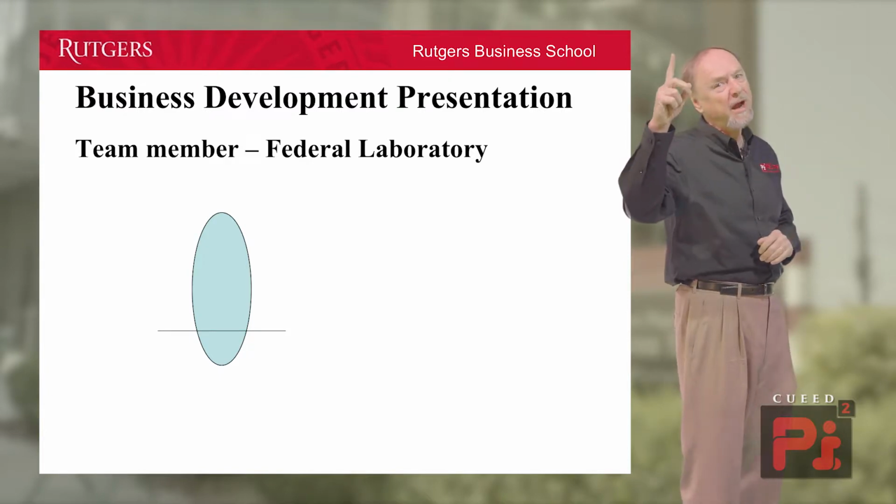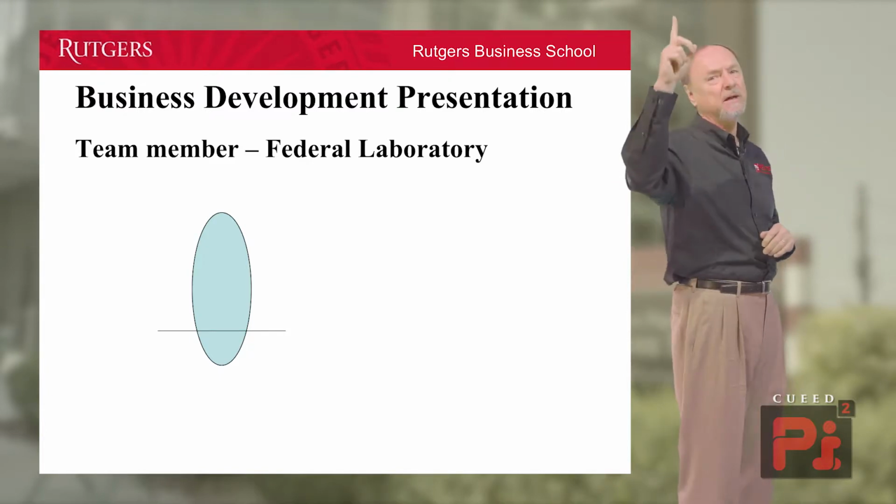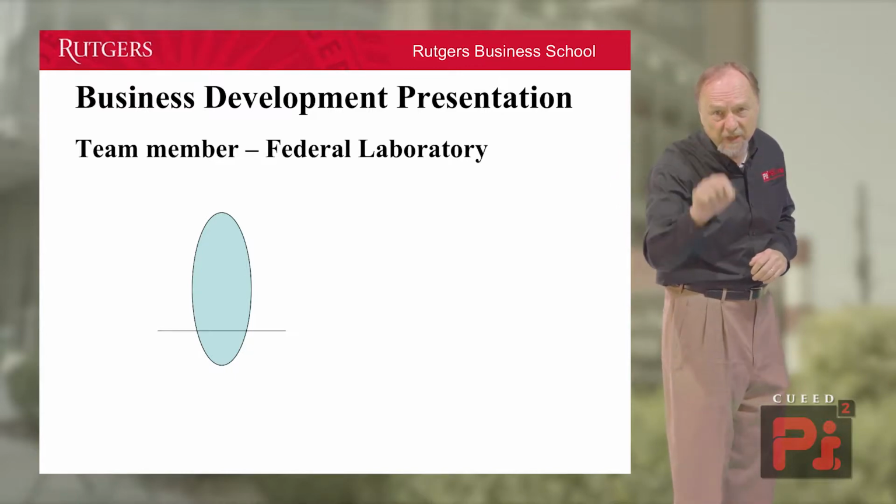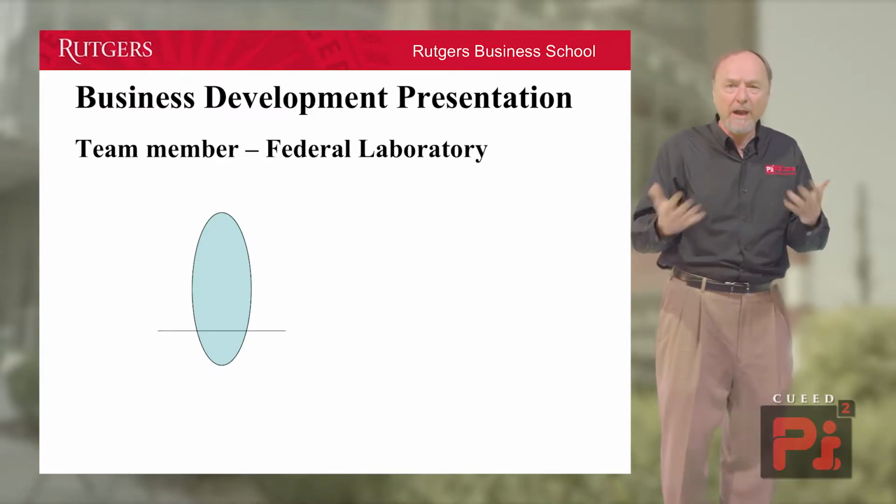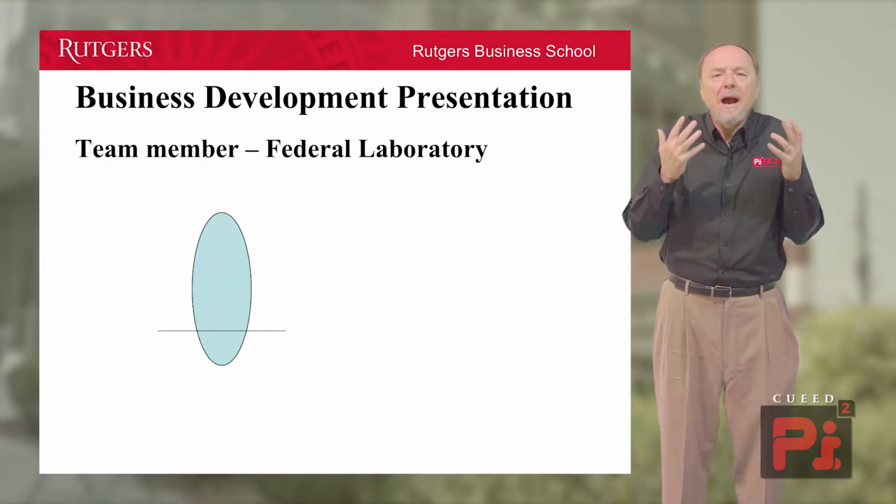But people are trying to be nice to one another, so they smile while the conflict brews. What we want to do is avoid that at all costs. And that's the business development presentation. What do I mean? The negotiators from your company and the Federal Laboratory or your other commercialization partner stand in front of the room.